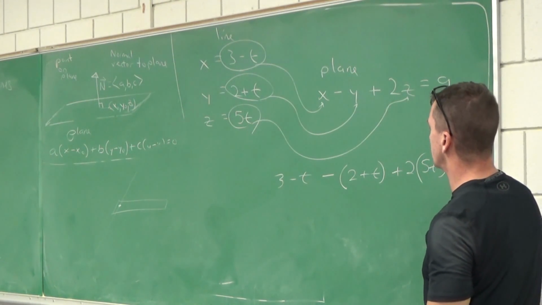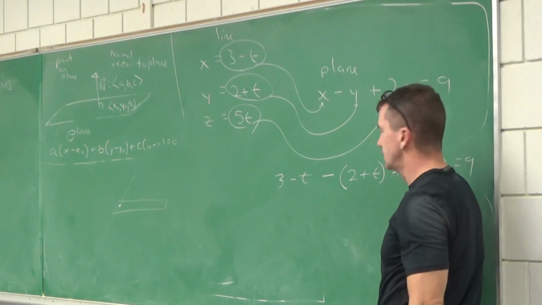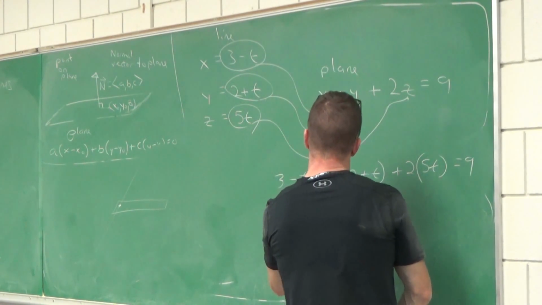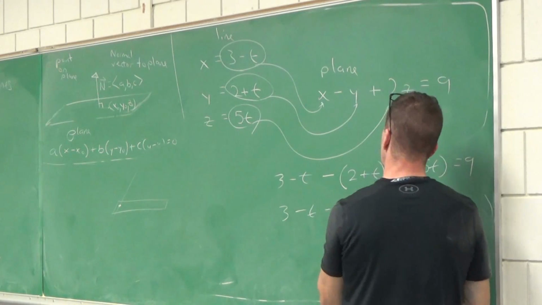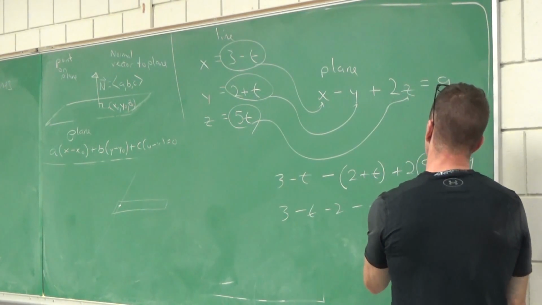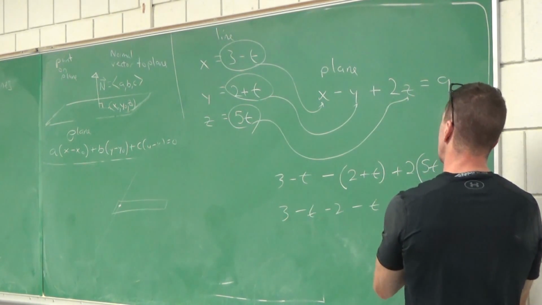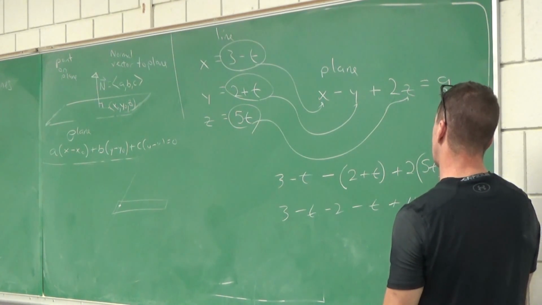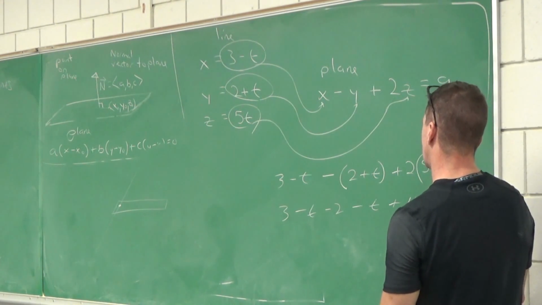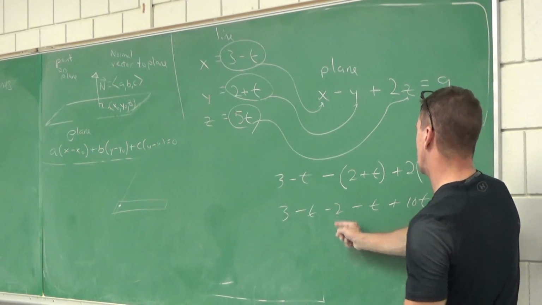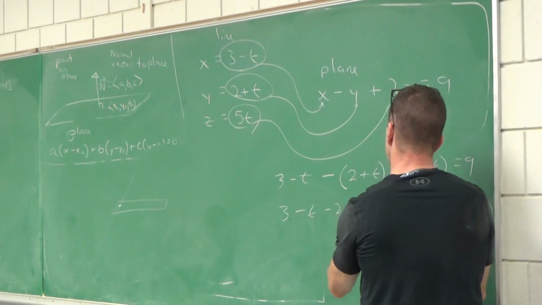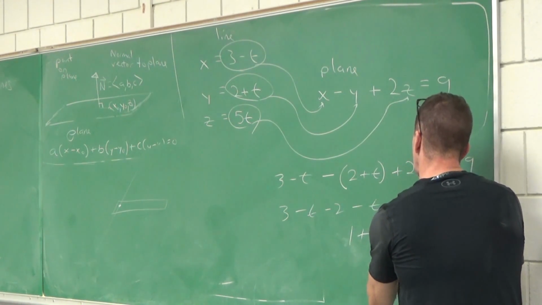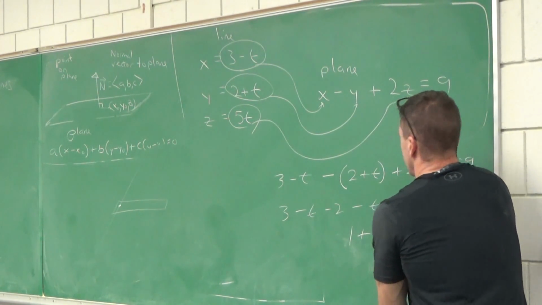Great idea. All right, what is all that? 3 minus t minus 2 minus t plus 10t equals 9. Like terms? 3 minus 2 is 1. 1 minus t minus t plus 10t is 8t, so 1 plus 8t equals 9.